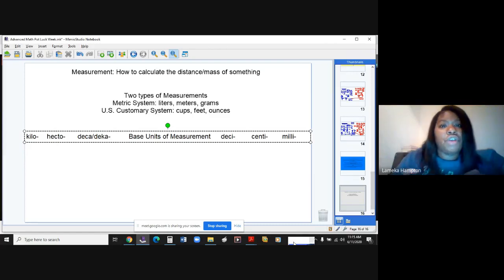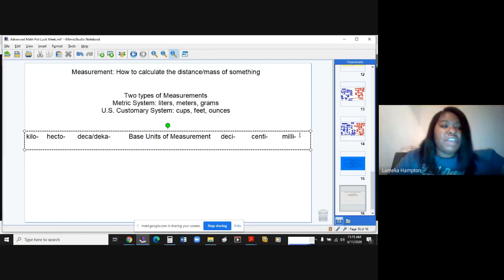That way, when you come across a word, you can say, oh, I know what that means, and you can apply it. The prefix kilo means 1,000. So a kilogram is equal to 1,000 grams, a kilometer is equal to 1,000 meters, and a kiloliter is equal to 1,000 liters.